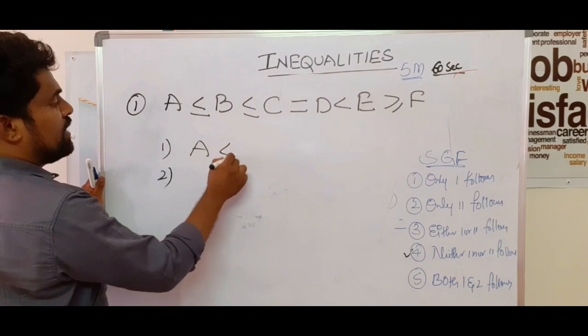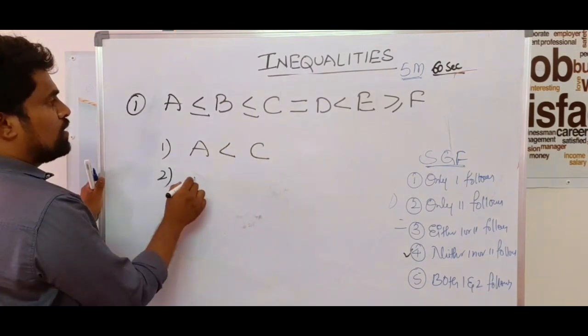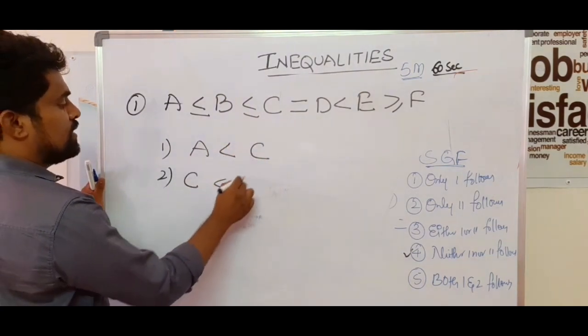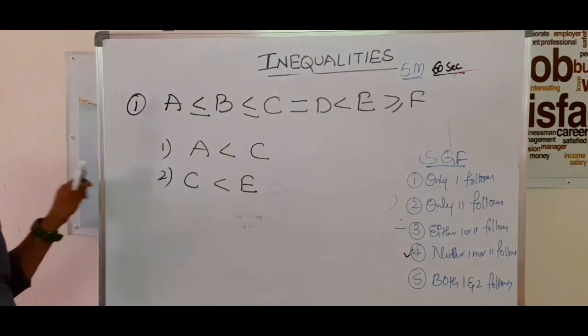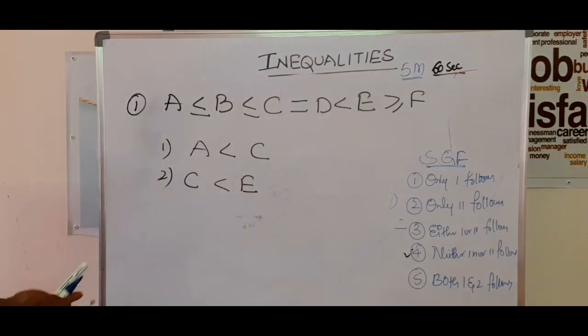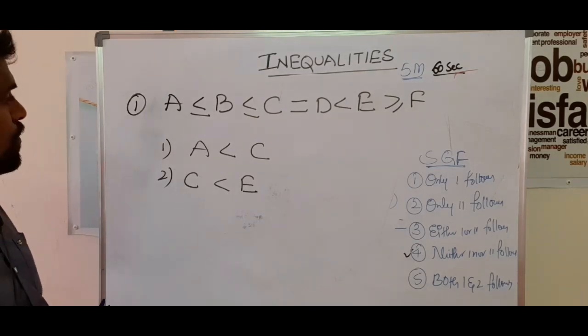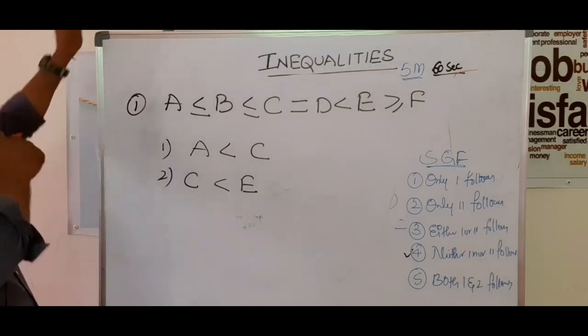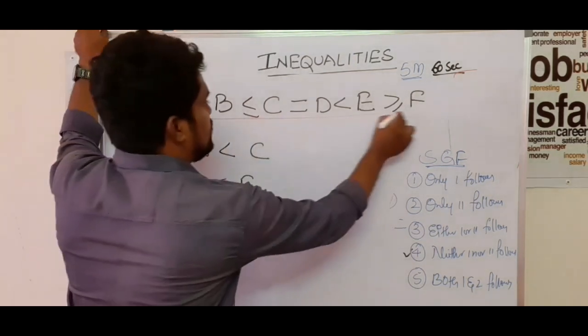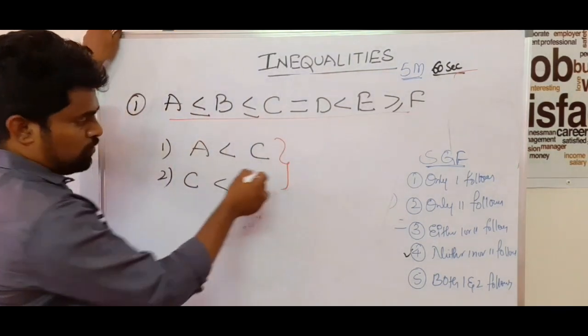First one, A less than C. Second one, C less than E. Just see the question. So here it is a statement, and these two are conclusions.